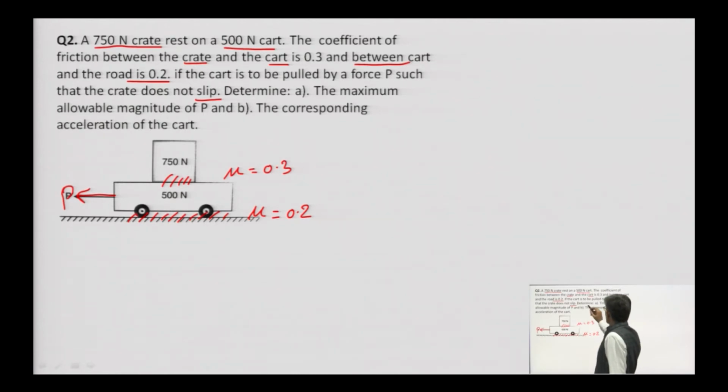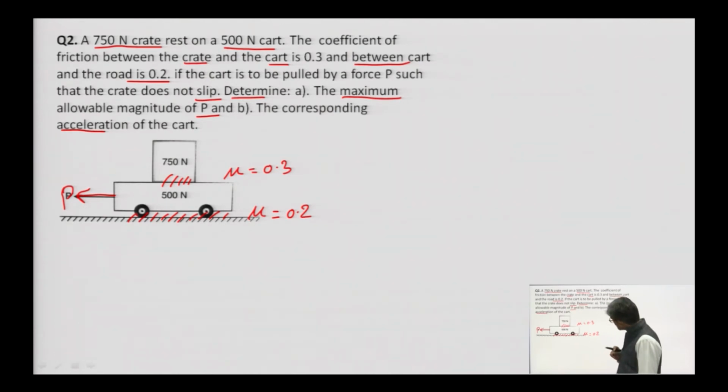We need to find the maximum allowable magnitude of P without slipping, and second, the corresponding acceleration. The D'Alembert principle is very helpful in finding these two values.